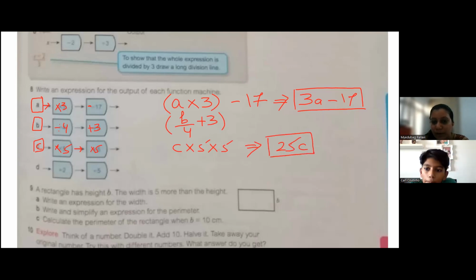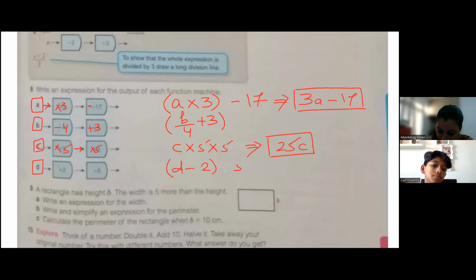And then the last one, the variable is d, and is it division? Divided by 2? Minus 2. So d minus 2, and then the next step is plus 5? No, divided by 5.